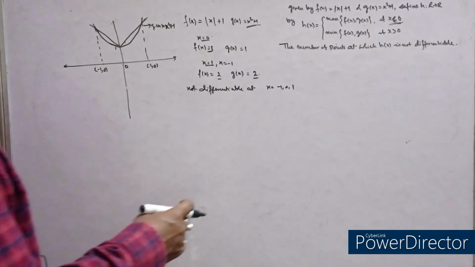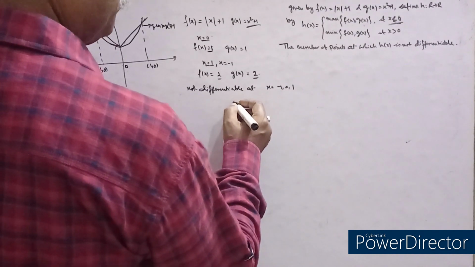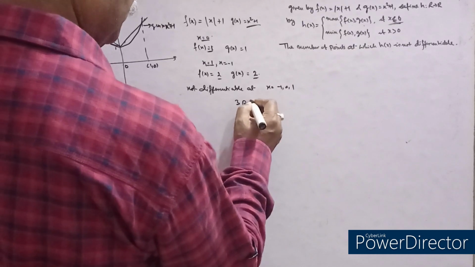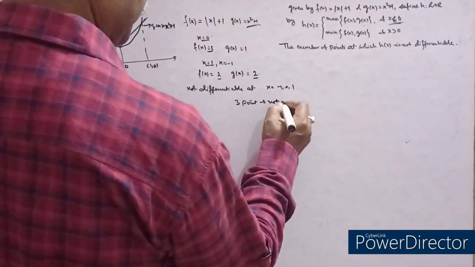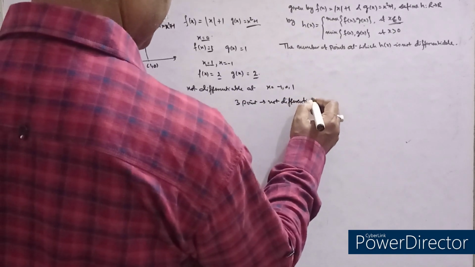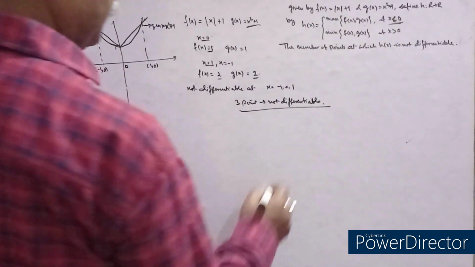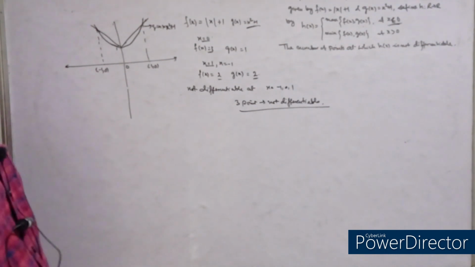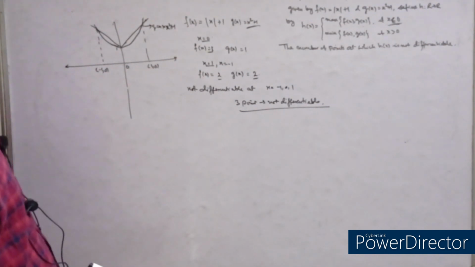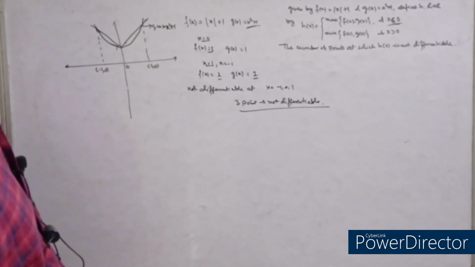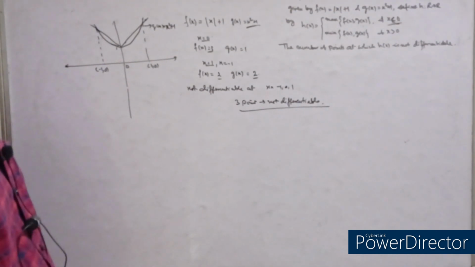So it is clear that there are 3 points where it is not differentiable. So this is the answer. The most important point here is that when the graph takes a sharp turning, at that point it is not differentiable, because your left hand derivative is not equal to your right hand derivative.